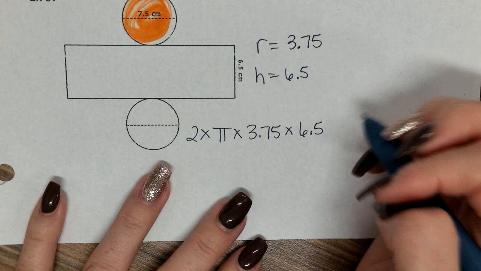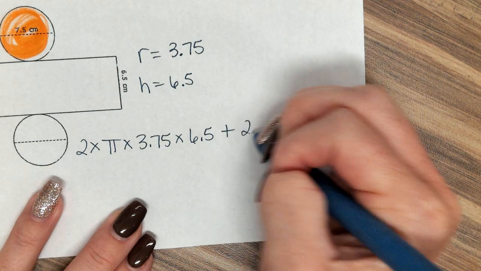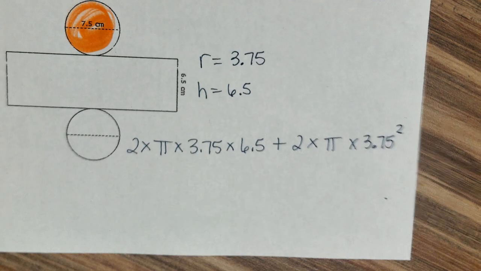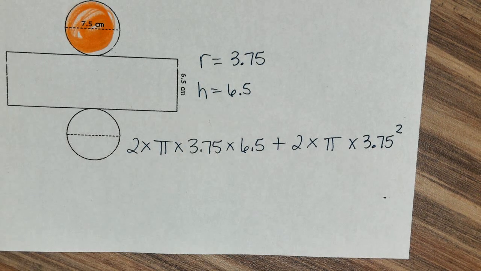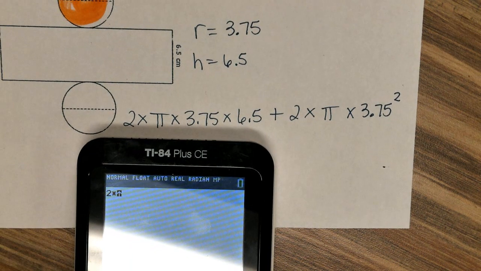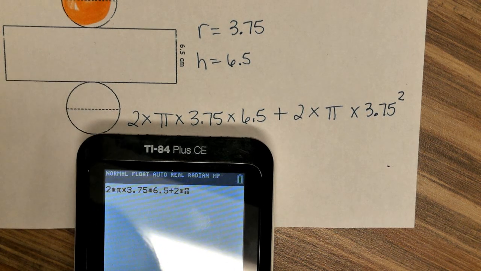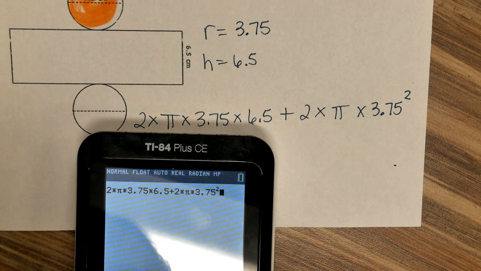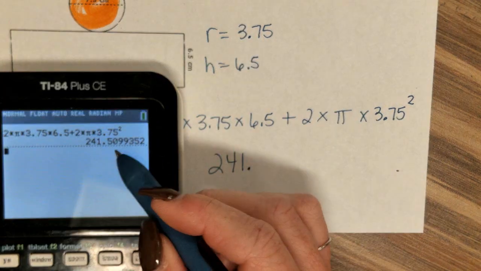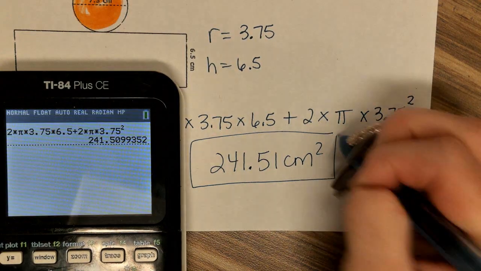But we're doing total, so we're going to do plus this piece. 2 times pi times r squared. Again, if you write too big, it's going to get kind of crazy and you're not going to be able to read it, so be careful. Let's go type it in unless you already have. And there's my answer. 241.51 centimeters squared.